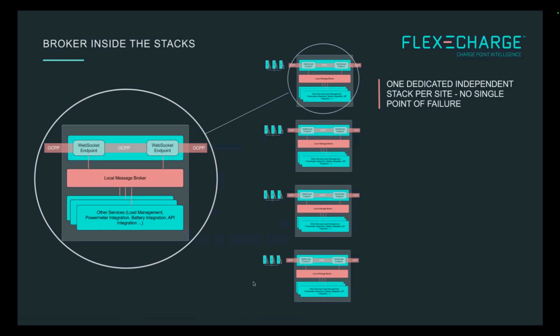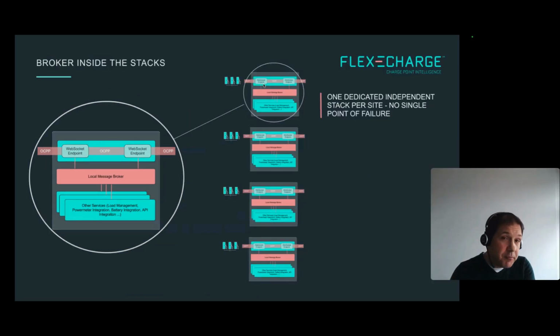And with these microservice stacks, it gets very clear that per site, so again, the number of charging stations behind the grid connection point, there is this one WebSocket connection endpoint here, which could be a potential single point of failure.